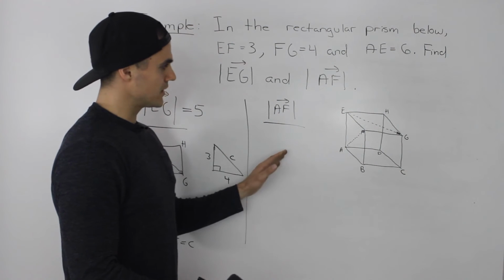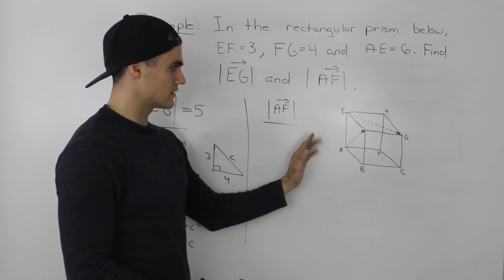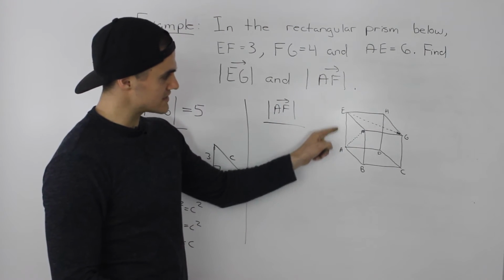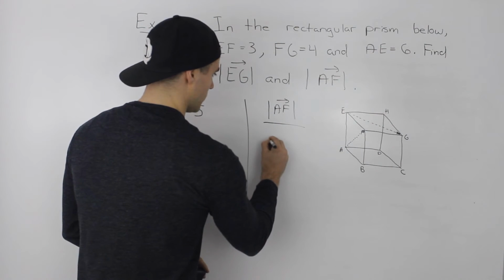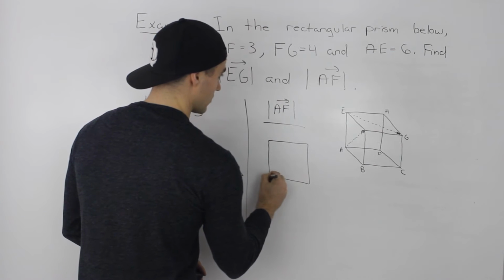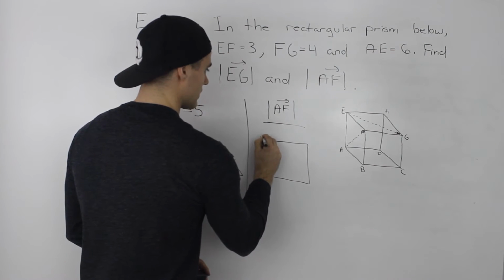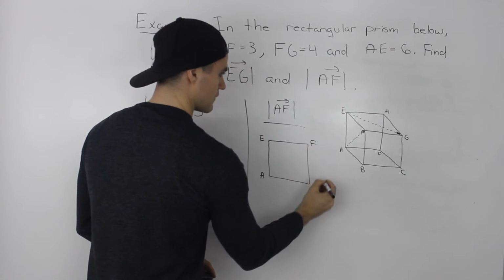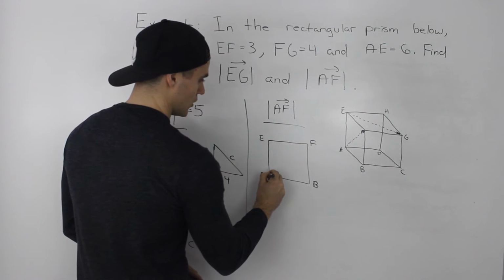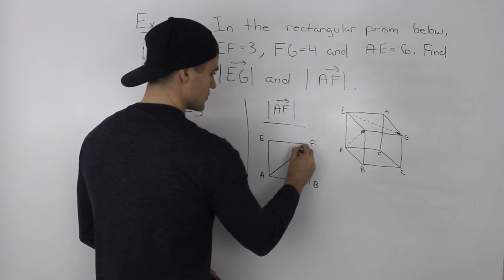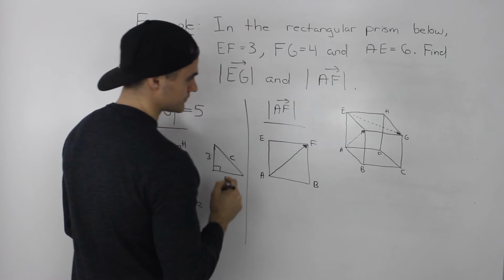So let's picture looking at this rectangular prism from the side, where we're just looking at this face A, E, F, and B. So all we would see is this rectangle A, E, F, and B. And we want to know what the magnitude or the length of this vector is right here.